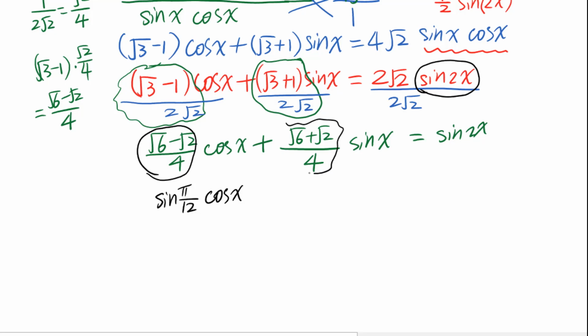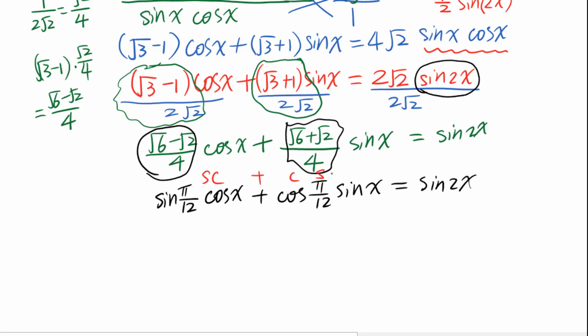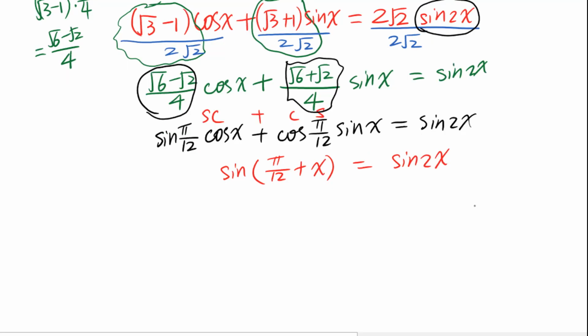This is cosine pi over 12, so plus cosine pi over 12 sine x equals sine 2x. Now we have the SC plus CS form. That is sine of pi over 12 plus x equals sine 2x.